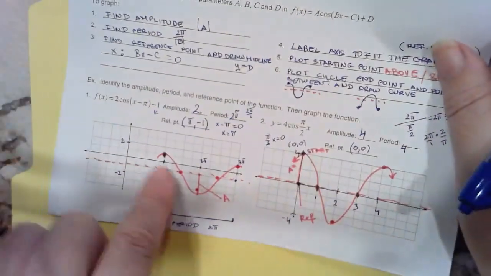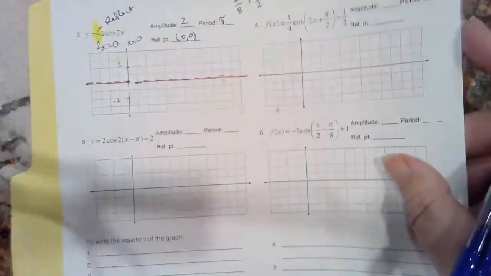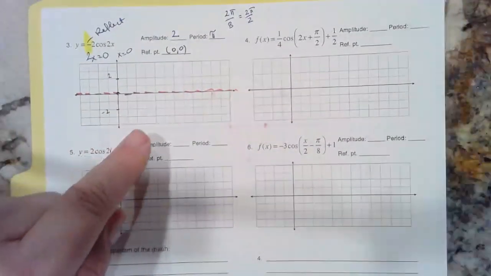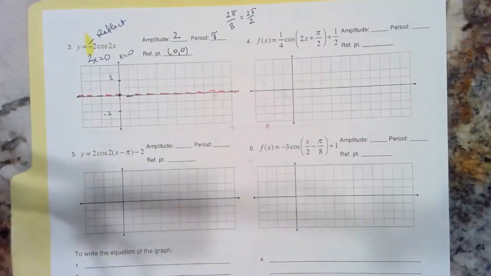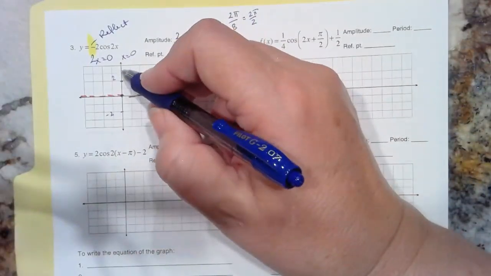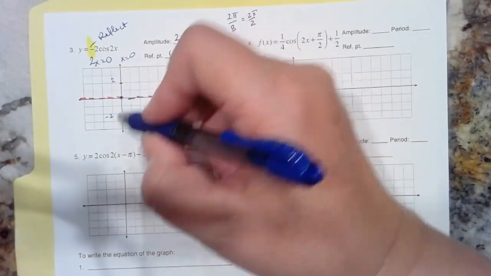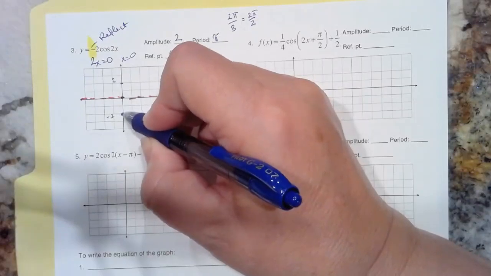See how we went down, down, and down. This is negative, so where are we going to go with negative? Opposite, which is going to be up. So instead of starting up, you're going to start below 2. So this is my starting.